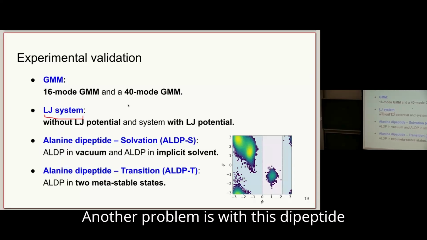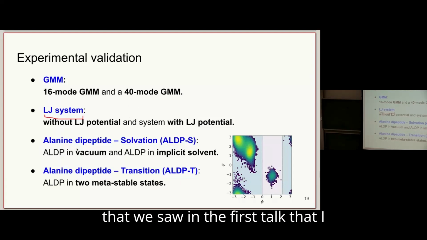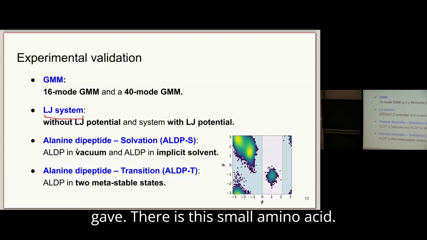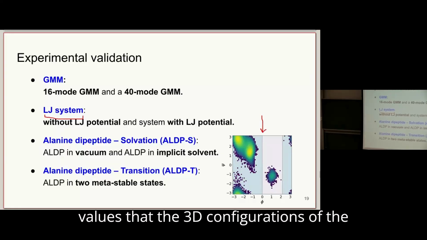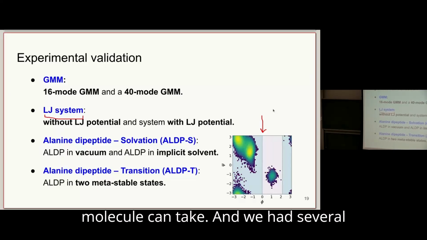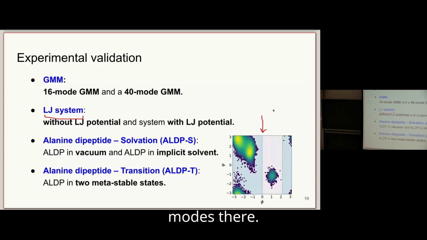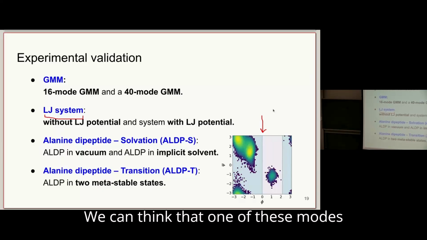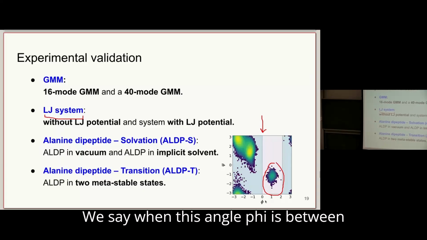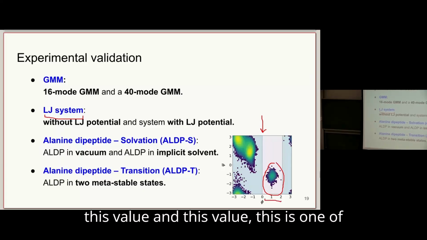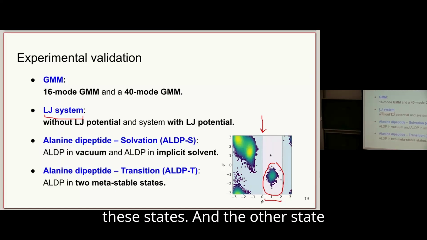Another problem is with this dipeptide that we saw in the first talk that I gave. There is this small amino acid. There was this histogram of the angle values that the 3D configurations of the molecule can take, okay? And we had several modes there. We can think that one of these modes corresponds to one of the states. We say when this angle phi is between this value and this value, this is one of these states.